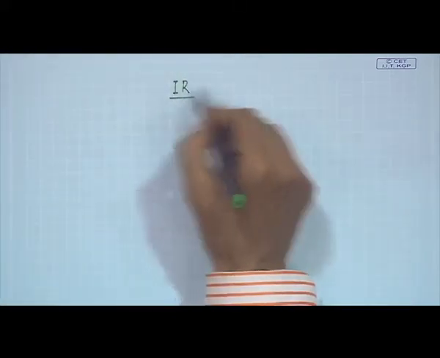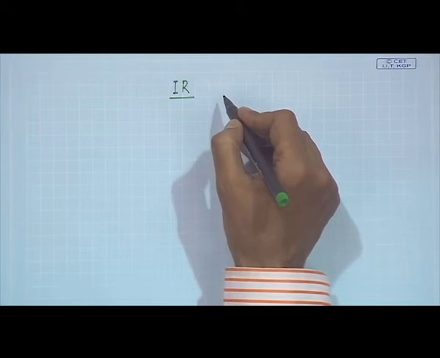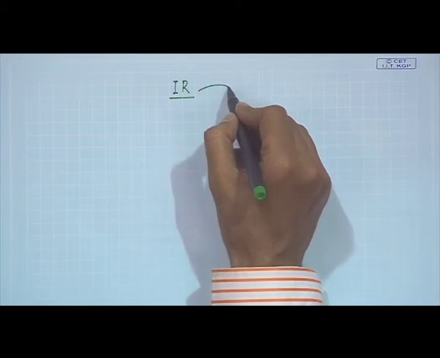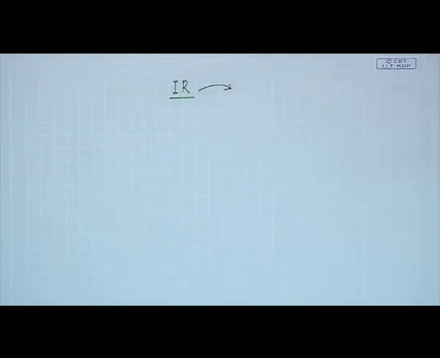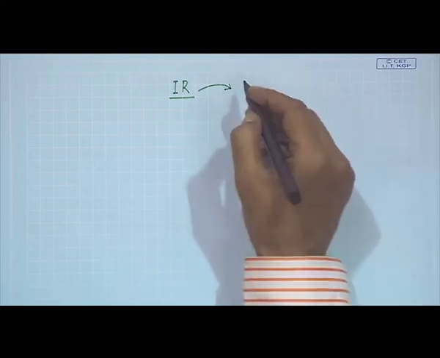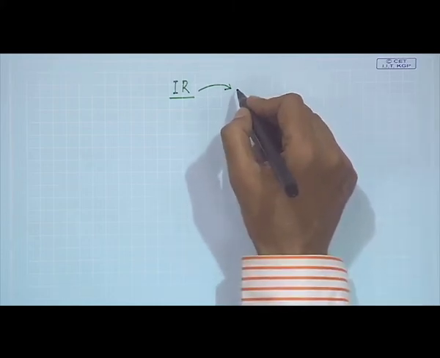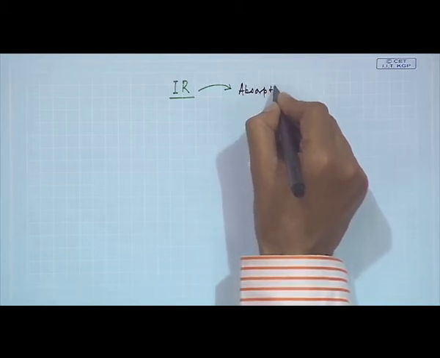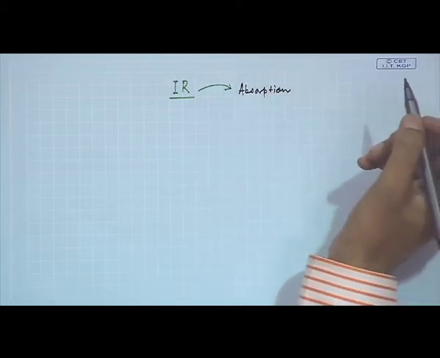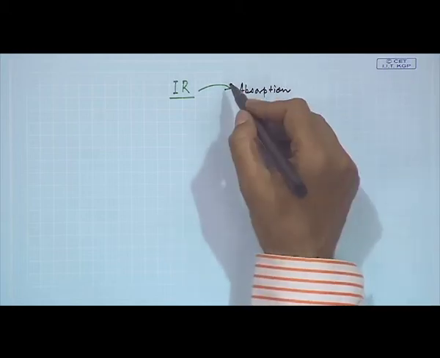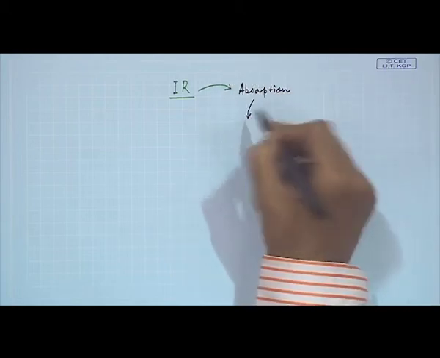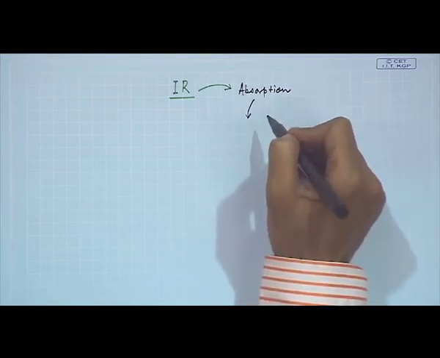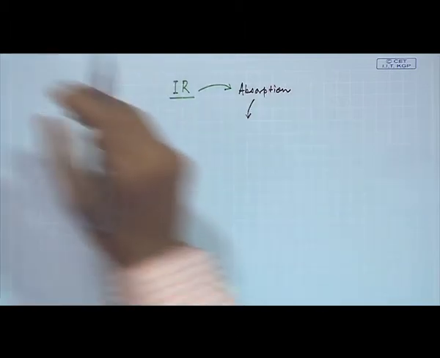Like our UV visible radiation, IR radiation should be there, and some species, molecules, atoms or ions, whatever is present, can absorb. The magnitude of absorption and the characteristic position where it absorbs is interesting to know to identify the nature of the species.